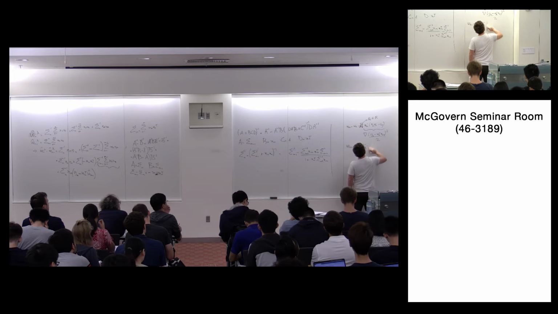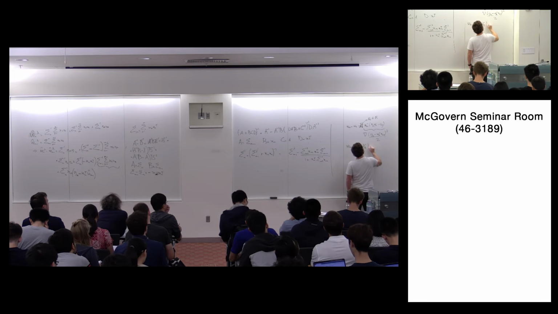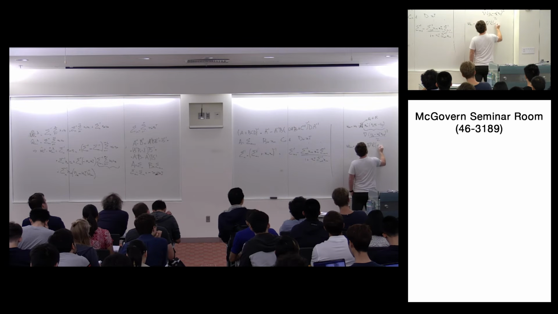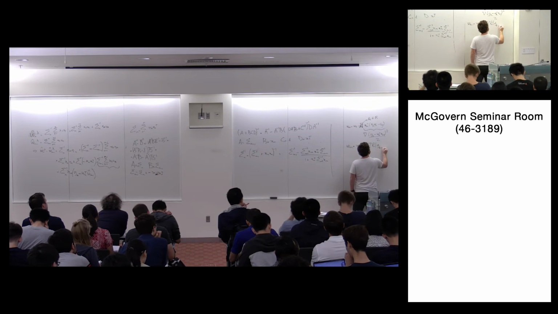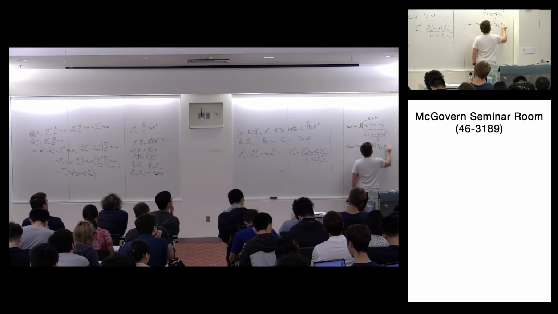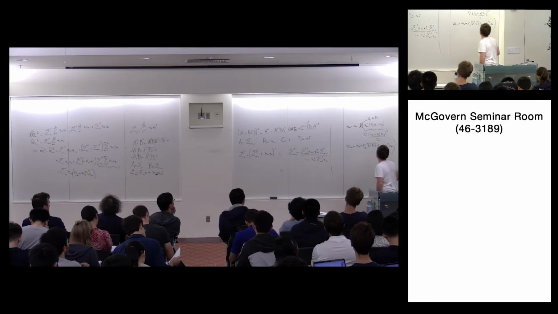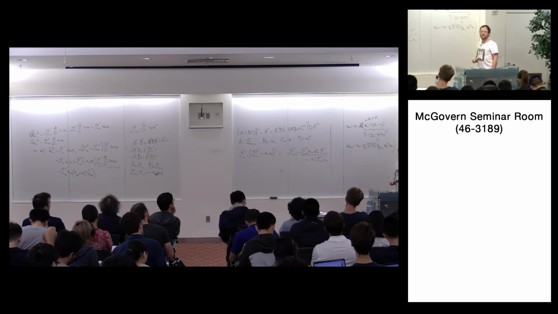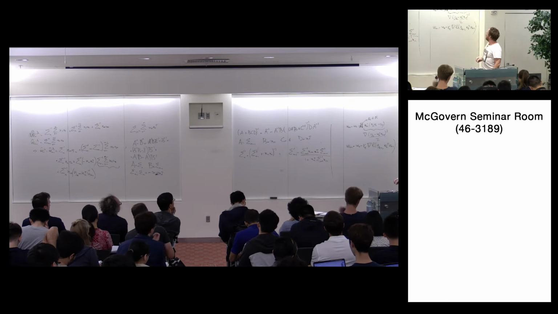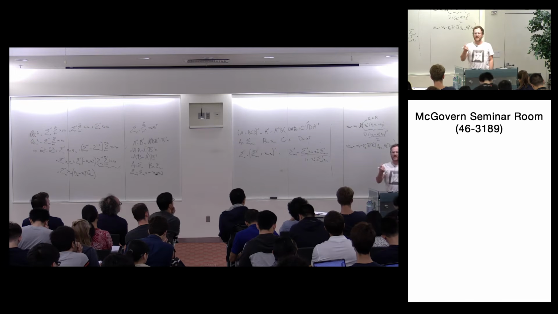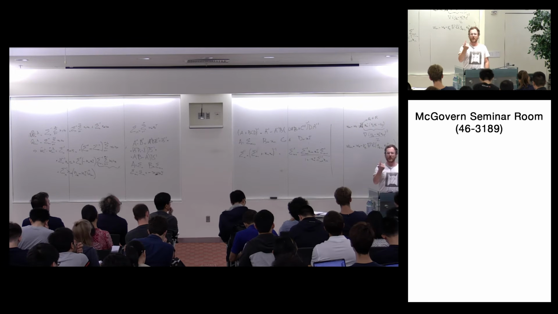Let me write it like this. At every step, you have access to the gradient of the loss function at one point, and then you update your solution.